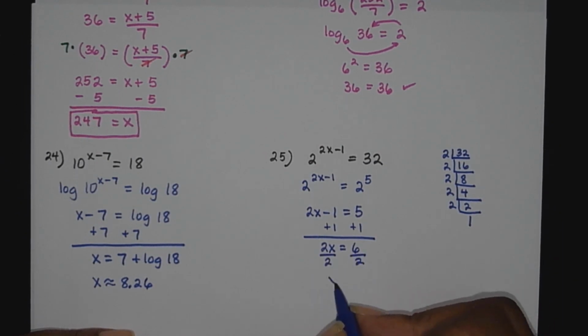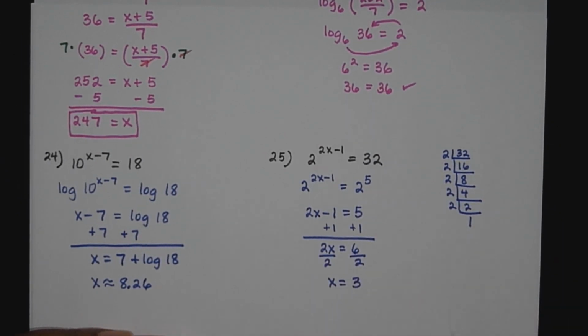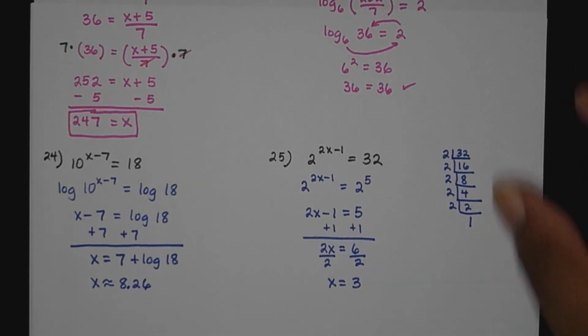Divide both sides by 2. x will be equal to 3. All right, so x equals 3 is the solution to that exponential equation. Any questions?